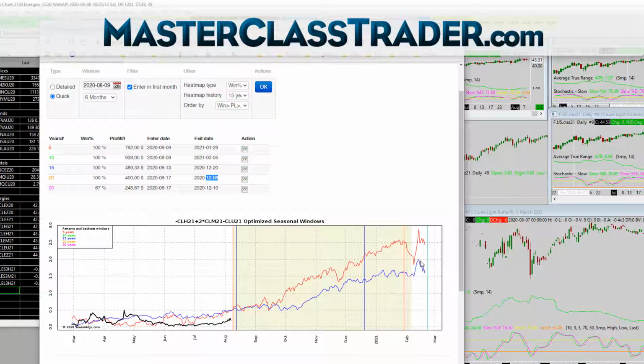There was a really cold snap in the northern states of America, and it sent the front month through the roof, and the back months hardly moved because the market knew things would calm down by then. But the front month had supply issues and all of that kind of stuff. That affected the spread a lot more than spreads with further out maturities. So that's the risk you face with those kinds of things.